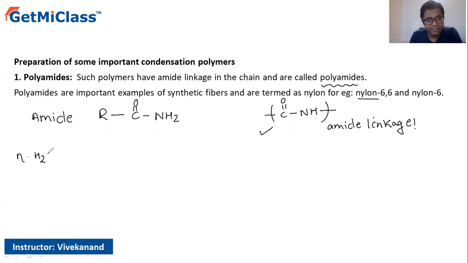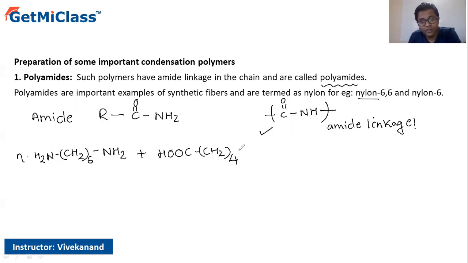So hexamethylene, 6 methylenes, right? So this is a hexa, 6 methylene group. Hexamethylene diamine reacts with adipic acid. Adipic acid is COOH, CH2 4 times, COOH.